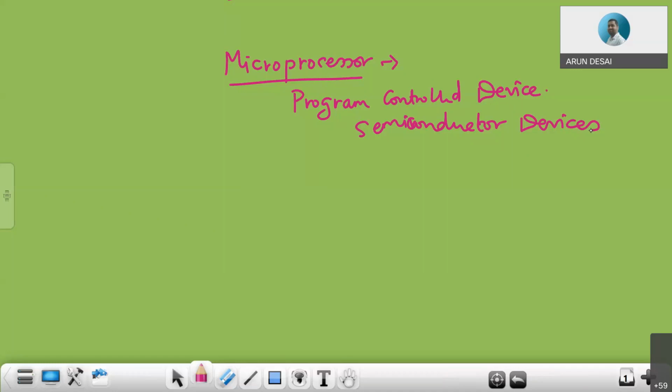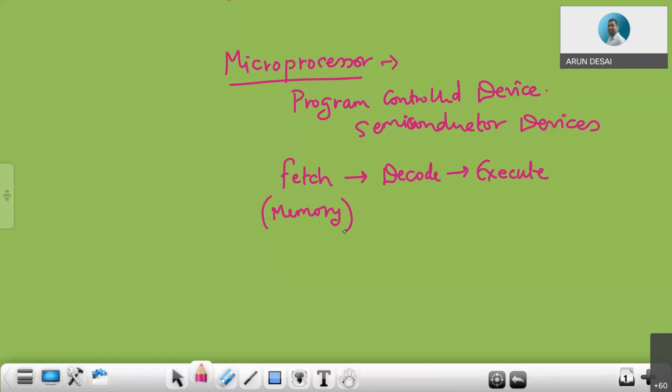So a microprocessor is a program controlled semiconductor device which can fetch the instructions, decode them and execute them. From where does it fetch? Obviously from memory, right? It will fetch the instruction from memory, decode it to find its basic meaning, and execute that instruction.